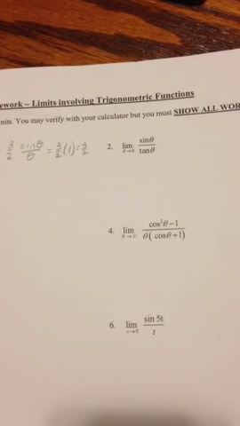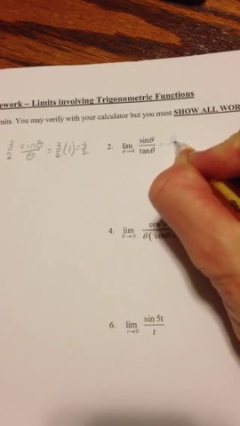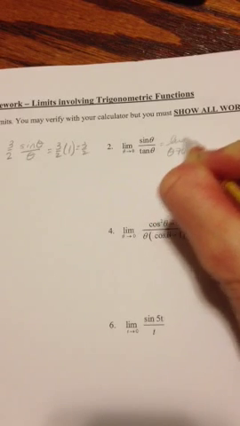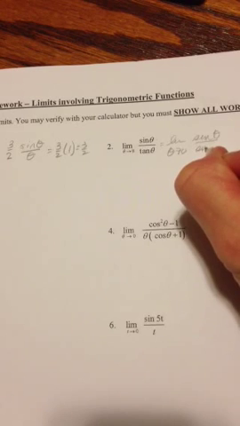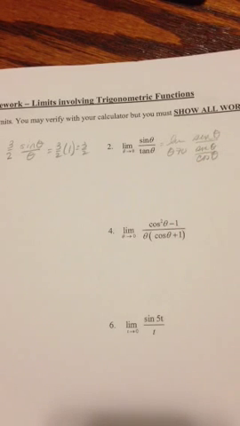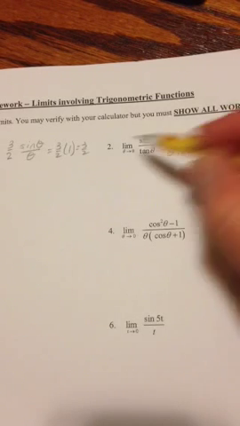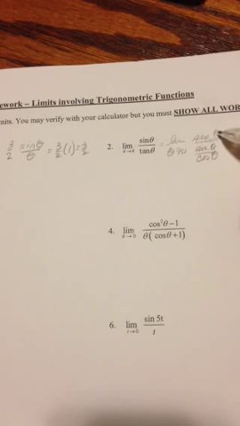Second problem. Again, I'm going to rewrite tangent of theta as the sine of theta over cosine of theta. Since that does not have the same form, the limit as theta goes to 0 of sine of theta over theta, I'm just going to do some manipulations and see where that takes me.